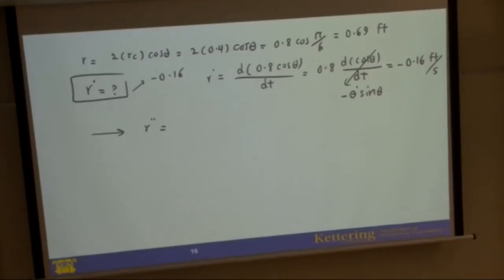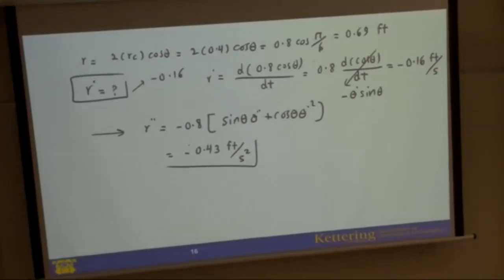If you do that one, R double dot also will be, let me write the final equation. If you calculate this one, R double dot also will be minus 0.43 foot per second square.